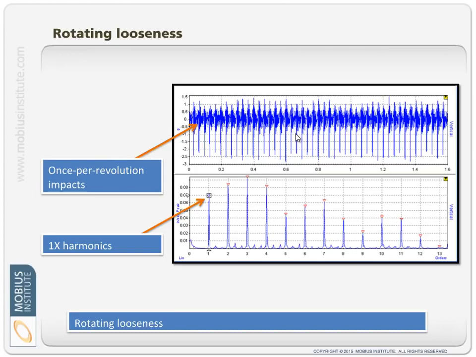Like with everything in life, the more facts, the more information you have to help you make a decision, the better. Sure, I could just take a spectrum, and in this instance, I'd probably diagnose it correctly. But it is so reassuring to look at the time waveform and say, right, I know what's going on for sure. I know how severe it is.